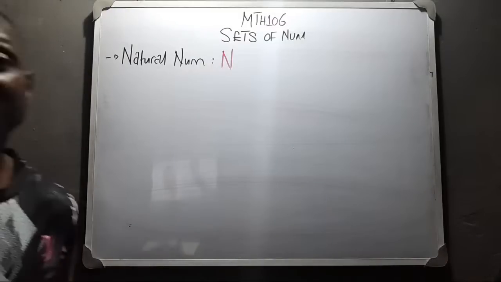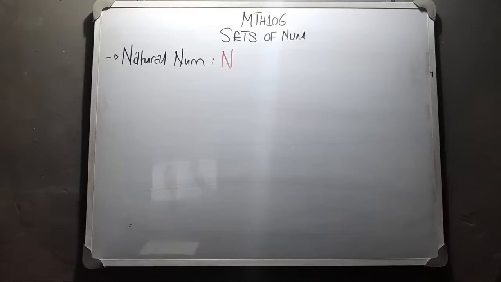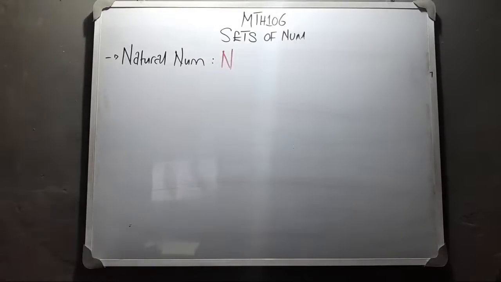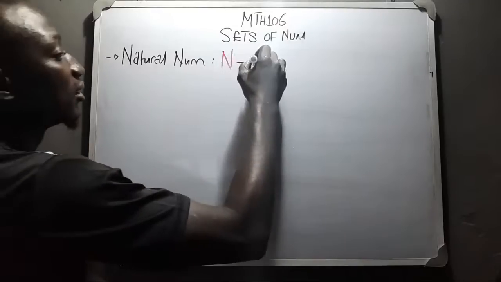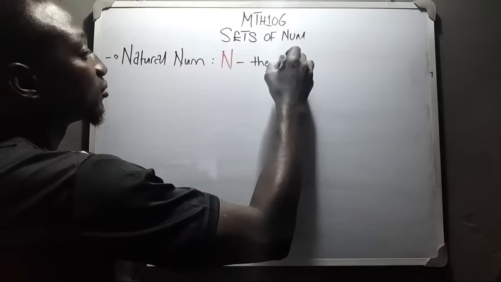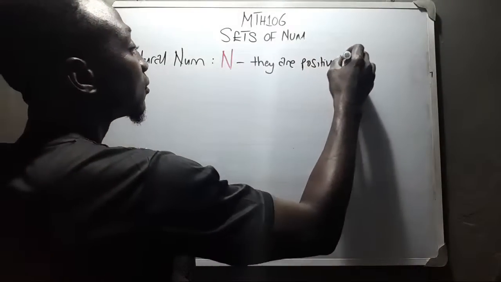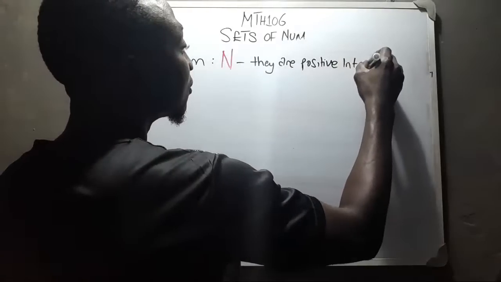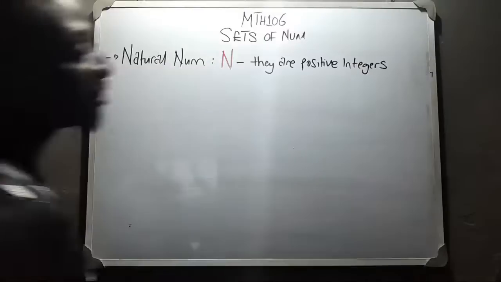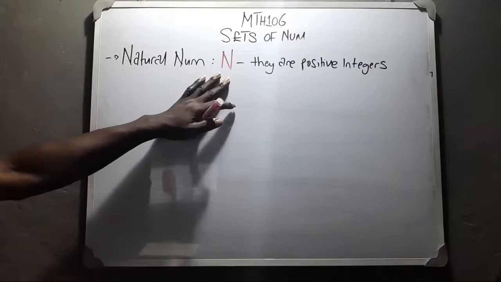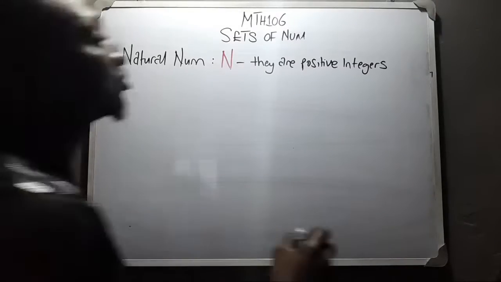Now natural numbers are what we refer to as positive integers. All right, and they are denoted by N.